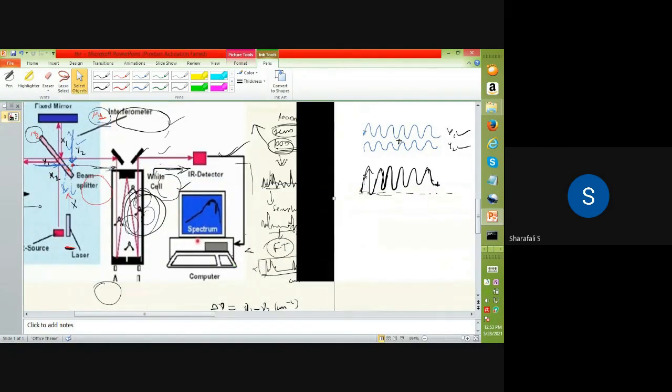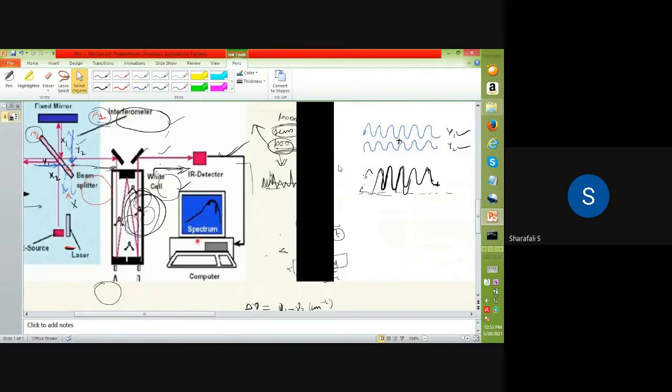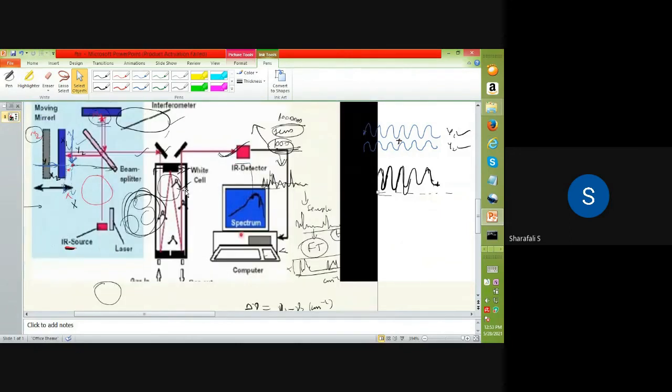So if you consider this figure, I will just erase this.